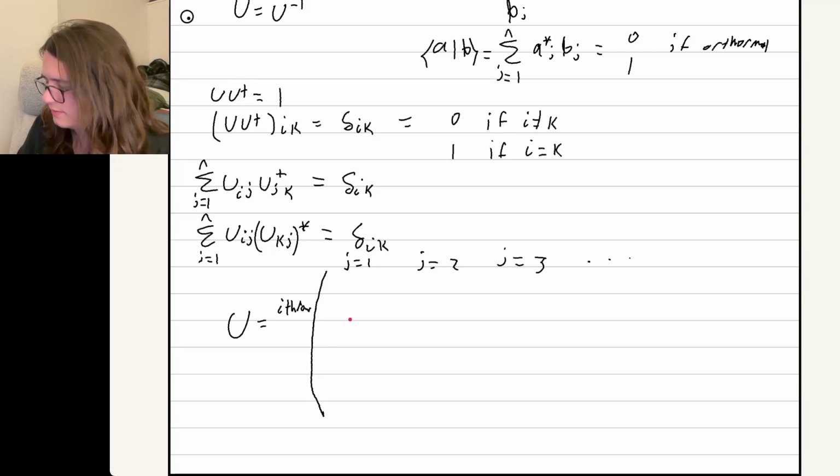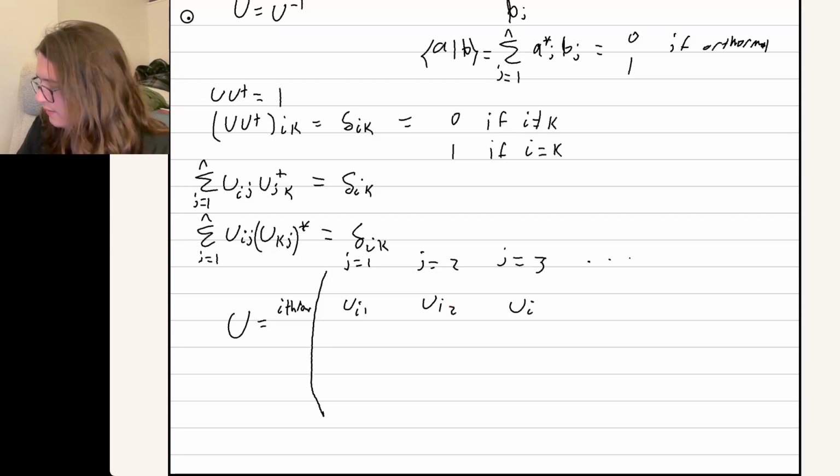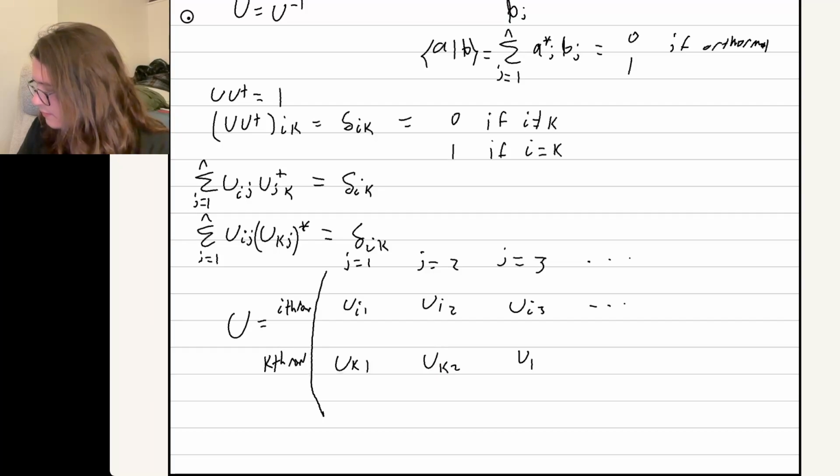And so it has these components: u sub i1, u sub i2, u sub i3, dot dot dot. But then we also have this u sub kj. That's just going to be a different row than the ith row, the kth row. And it has these components, u sub k1, u sub k2, u sub k3, dot dot dot.